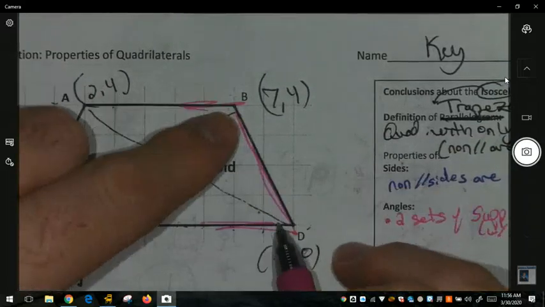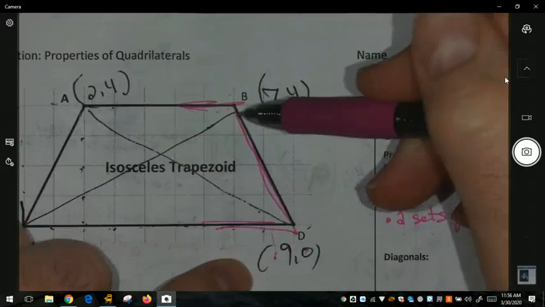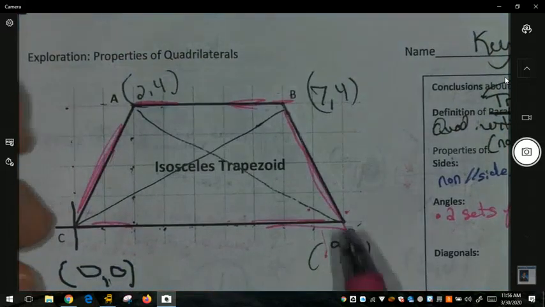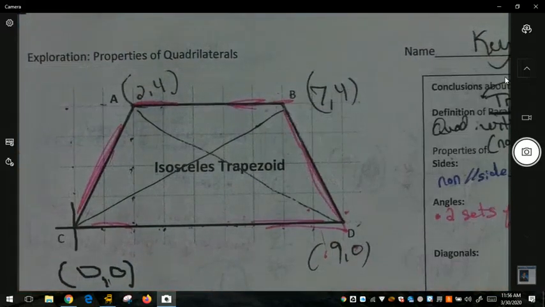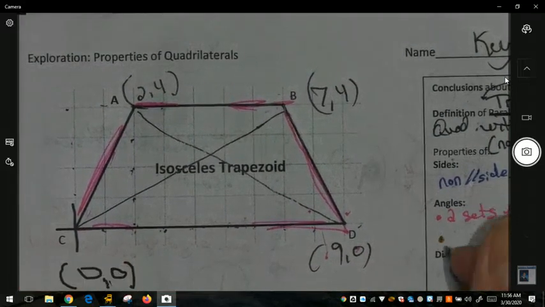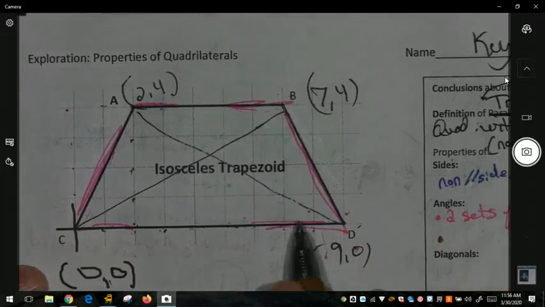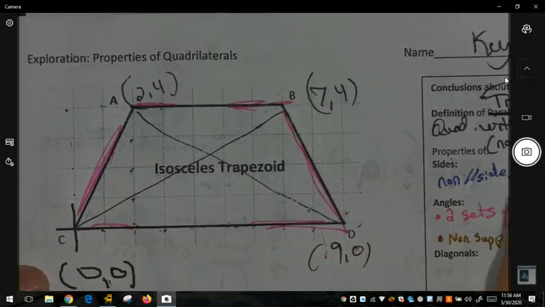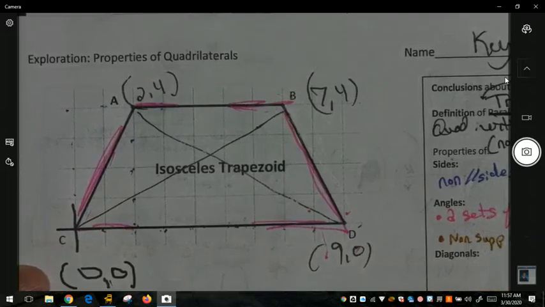So only the ones formed with the parallel lines, in this case B and D and A and C, you can even look for the same side interior angles, the letter C, those ones are supplementary. Now when it's an isosceles trapezoid, the ones that are not supplementary are congruent.